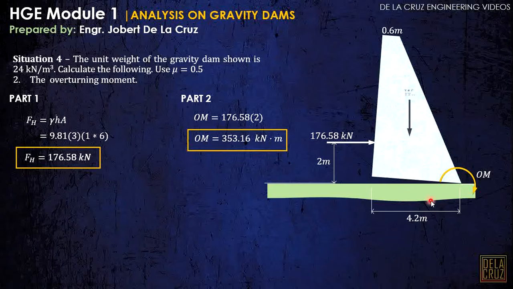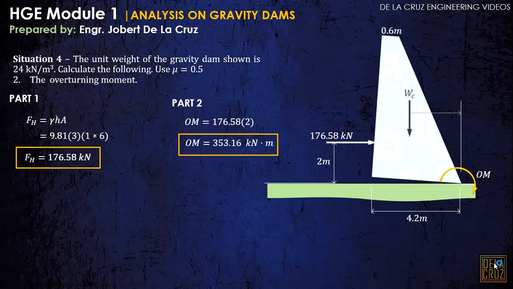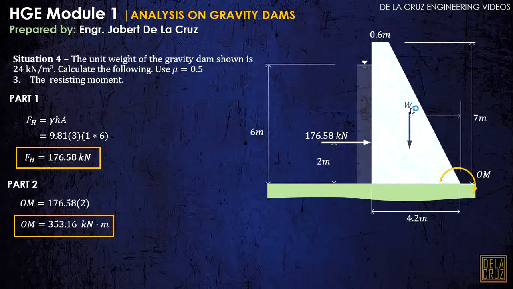Let's call that WC, the whole weight of the concrete. And we are to calculate this distance here. The moment caused by this is this weight times this distance, and that is what stabilizes our dam against overturning. That is what we call the resisting moment. The dam becomes stable like this.